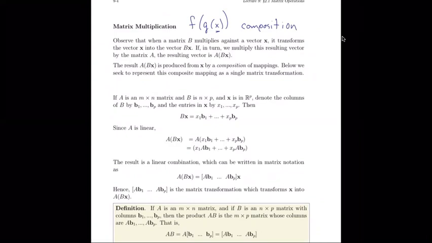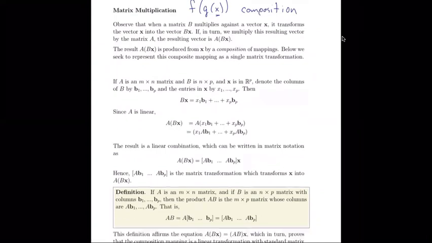Now, if we wanted to take this further, and given that A is a linear operator as a matrix product, right? Remember that linear transformations all have unique matrix representations A, and if we look at a matrix A, we can consider that to be a linear transformation. Since A is linear, we can take the following steps. We're going to apply A to this vector Bx that we've got above. Remember, a linear combination of vectors yields a vector.